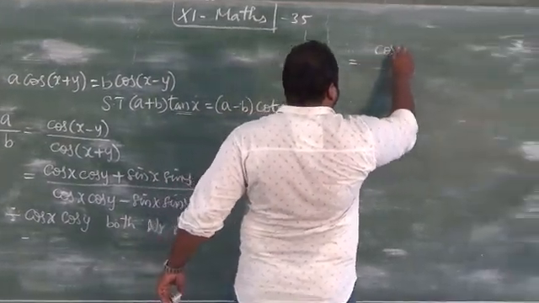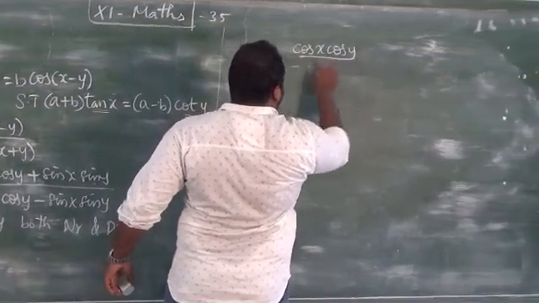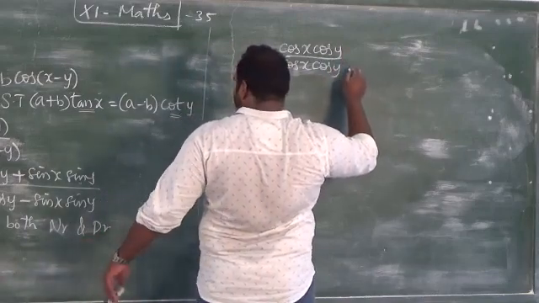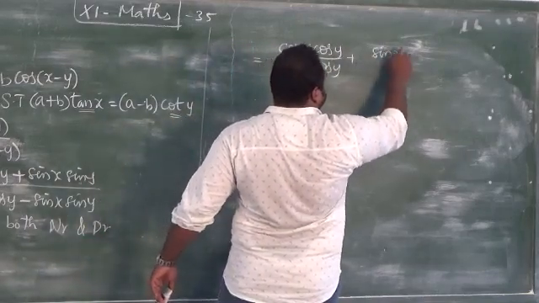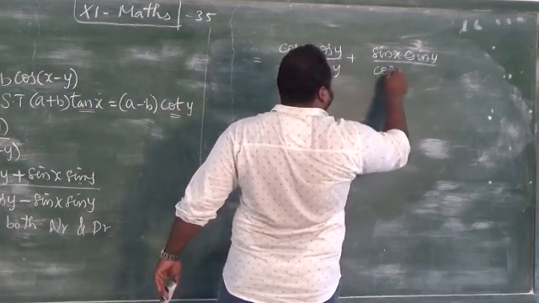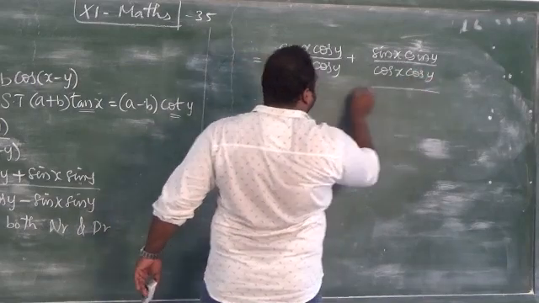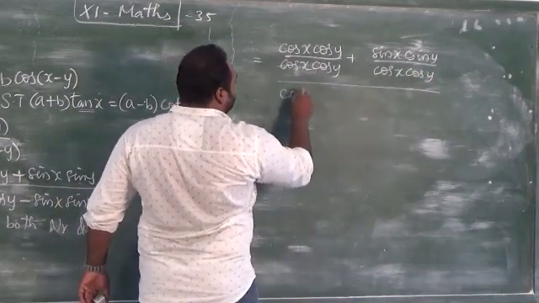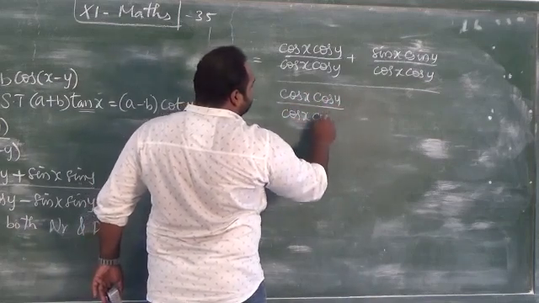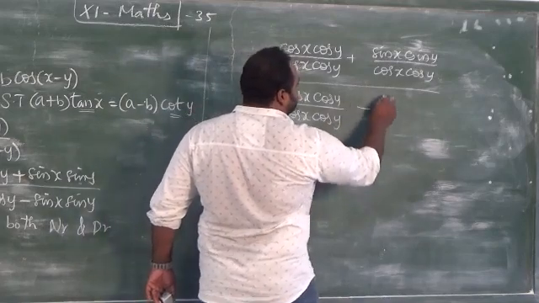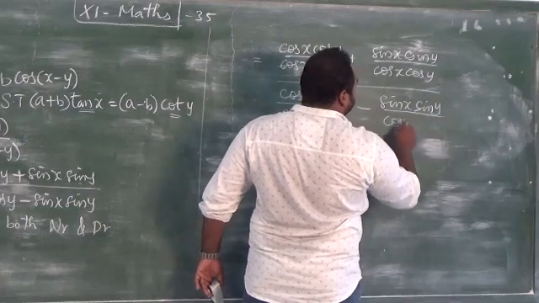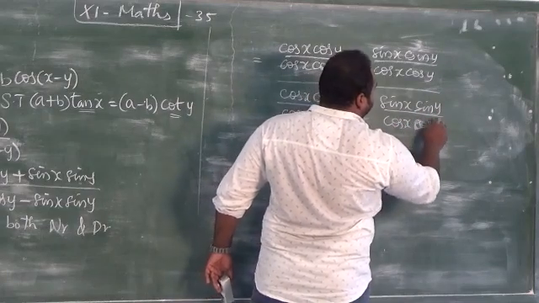The numerator is cos x cos y divided by cos x cos y, plus sin x sin y divided by cos x cos y, whole divided by the denominator cos x cos y divided by cos x cos y minus sin x sin y divided by cos x cos y.